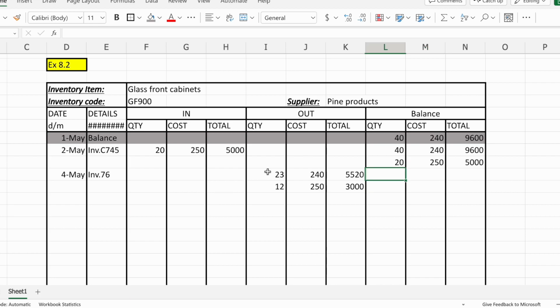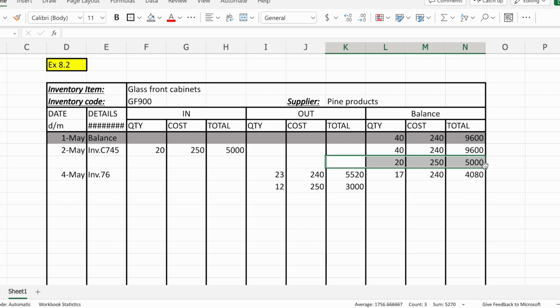So it went out of the business, so for the 240 inventory, there's 17 left, because 40 minus 23 is 17, and then we multiply these two, and you get 4,080.